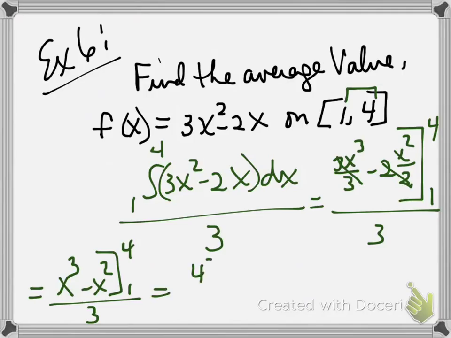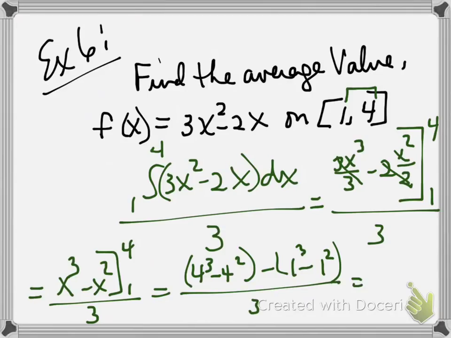So 4 to the third minus 4 squared, minus 1 to the third minus 1 squared, divided by 3. So this is 64 minus 16, which is 48. 1 minus 1 is 0, so 48 minus 0 is 48. Divide by 3, and you get 16.